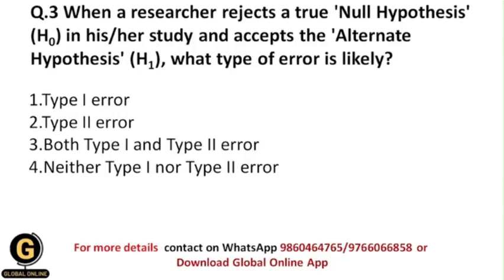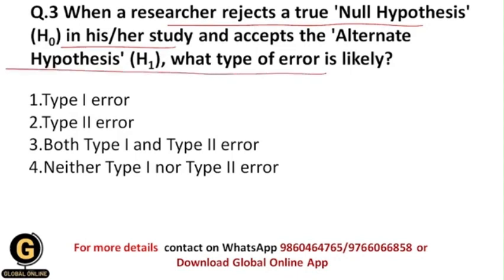When a researcher rejects a true null hypothesis in his or her study and accepts the alternative hypothesis, what type of error is likely? So whenever a researcher rejects a true null hypothesis and accepts the alternate hypothesis, then what type of error will occur? As I have told earlier in the previous video, students, there are two types of error that occur whenever we test the null hypothesis in the research process.